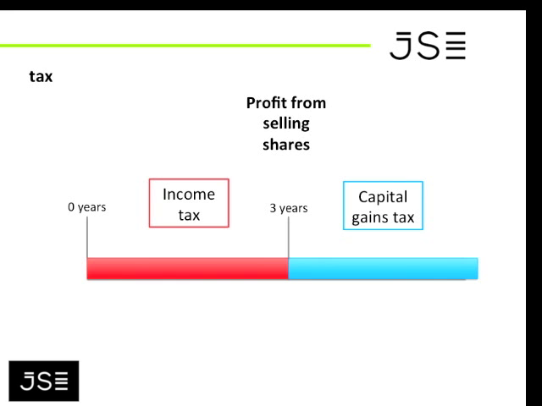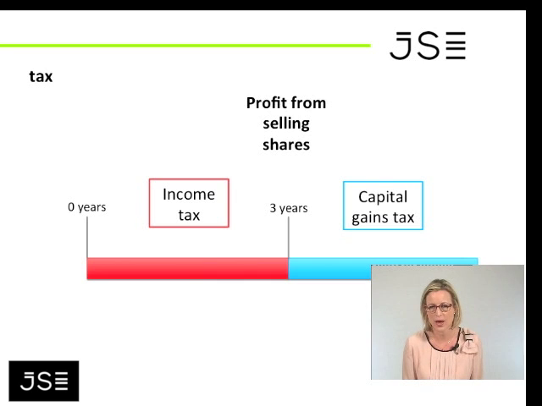Now, how we distinguish which one will be affected on your profits and losses really determines on how you've been trading these shares. Have you been trading them for a short-term speculative nature, buying and selling, really within less than 3-year period? Well, this means those profits and losses will be subject to income tax. The longer-term buy and hold strategy, that rather sees capital gains tax.